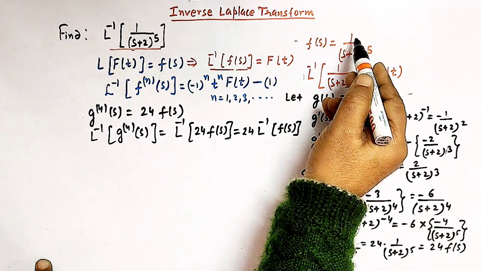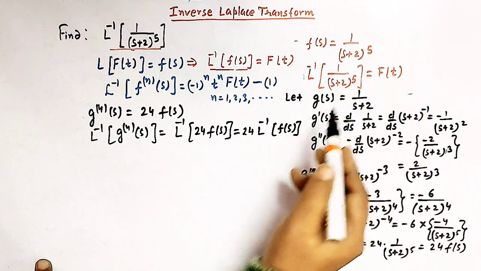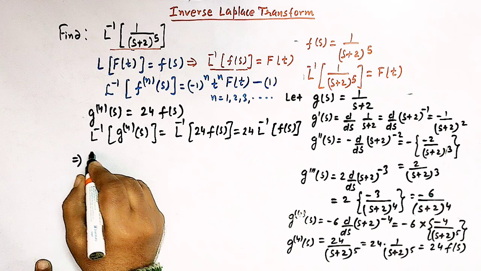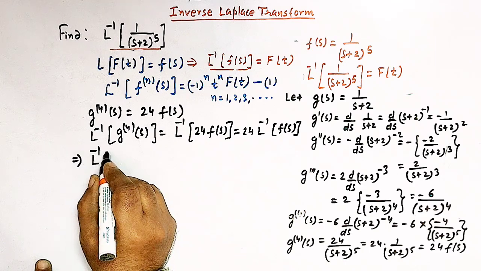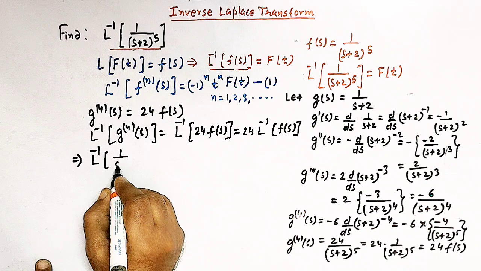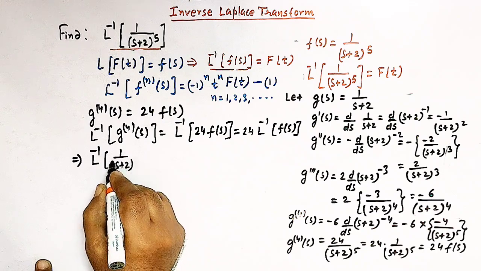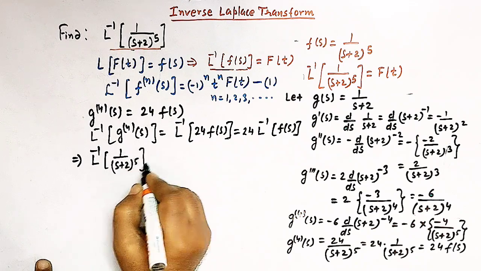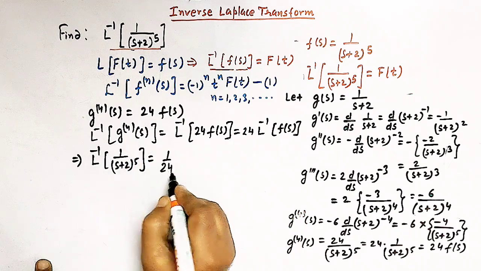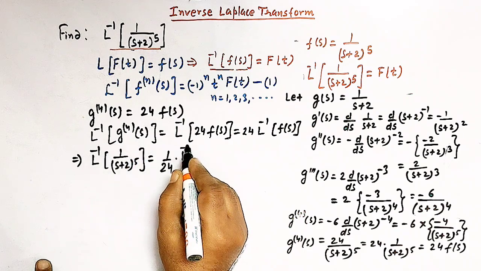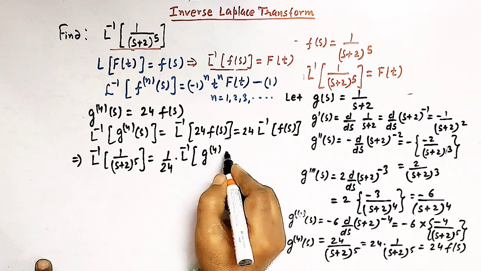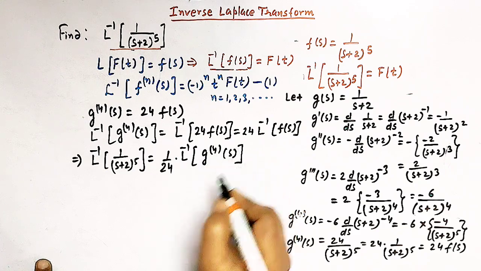And f of s is 1 over (s plus 2) raised to 5. So we can now write the inverse Laplace transform of f of s, taking f of s as 1 over (s plus 2) raised to 5, equal to 1 over 24 times the inverse Laplace transform of the fourth derivative of g of s.